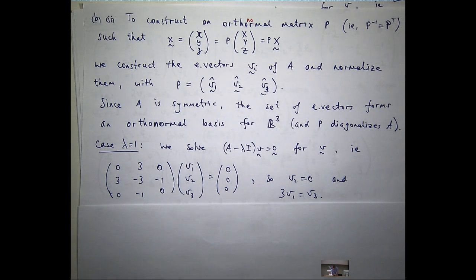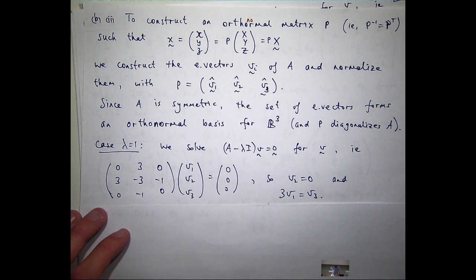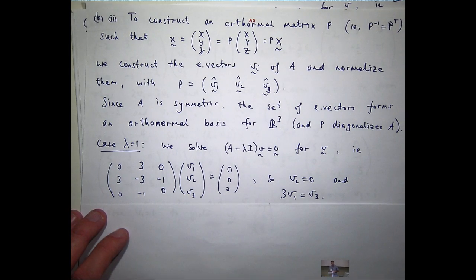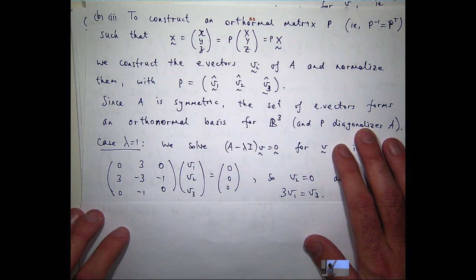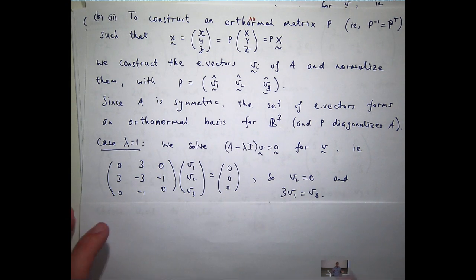Now, I could write out the equation for the middle row, but what I might do is just add the first row to the second row, and I'll get 3v1 equals v3. Okay? So that's pretty much all the information we've got. We know what v2 is, but v1 and v3 are arbitrary in the sense that there could be a lot of v1s and v3s that satisfy this bottom equation.